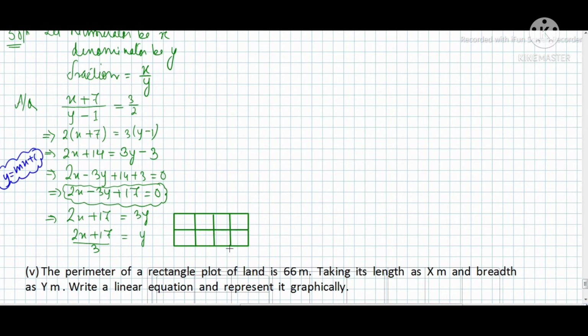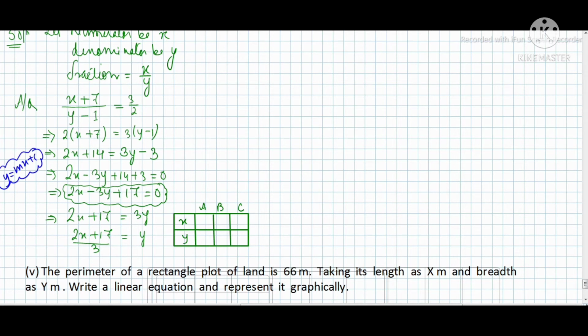So we have 2 rows and 3 columns. The first row is for x values and the second row is for y values, and this is column A, column B, and this is column C. Now put the values in such a way that y is divisible by 3. Now what values can you take?